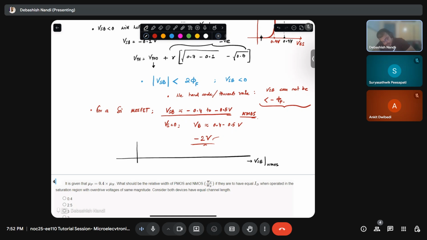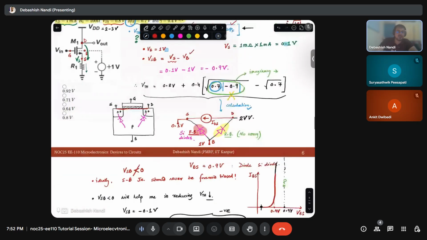It sees a hard boundary at minus 0.4 to minus 0.5 volt, and in the positive direction it can go up to any value. Is that clear? So the question you will just blindly see and just use this modulus, which is not correct.